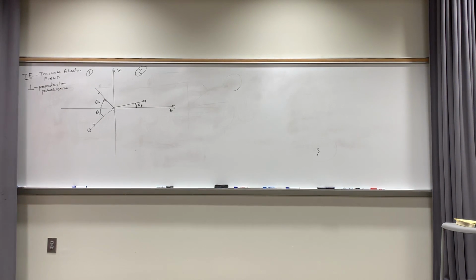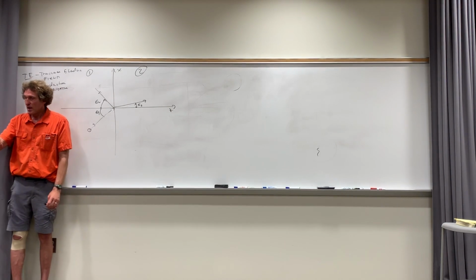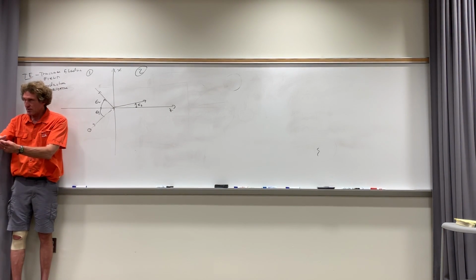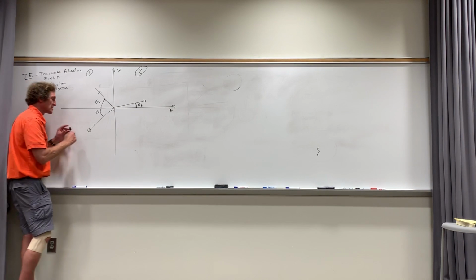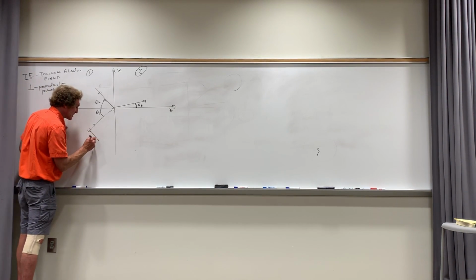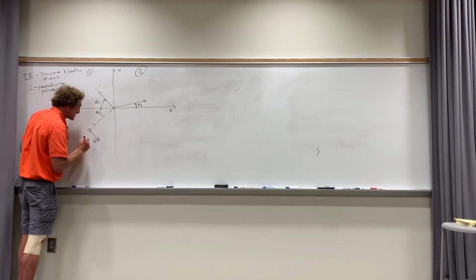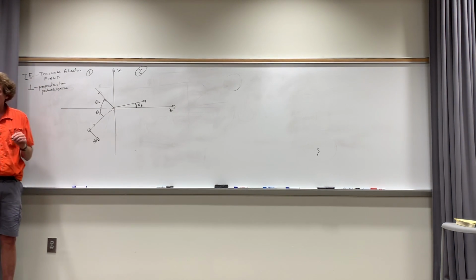E crossed H is power, and the direction of power flow is the direction the wave's moving. Well, if E is out of the board, I know H has to be perpendicular to it, and my thumb has to be in that direction. So I know the H field will look like this. And that's the incident H field. I'm going to describe these mathematically in a second, but I want you to appreciate the appearance. Can you all understand that?